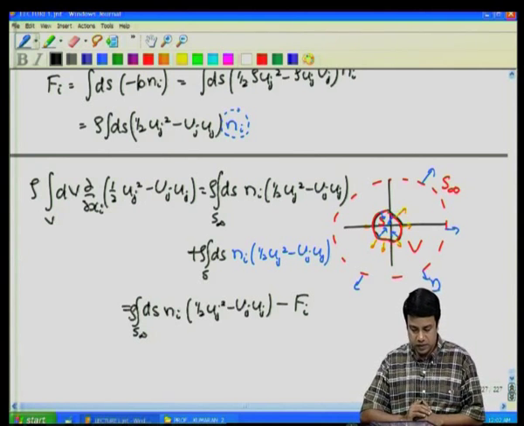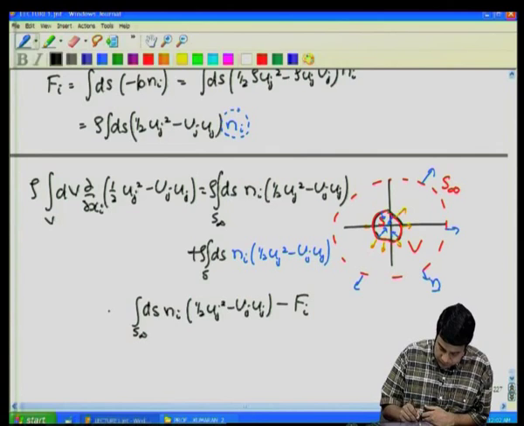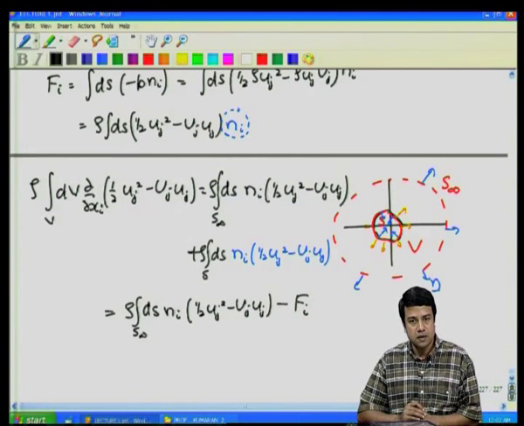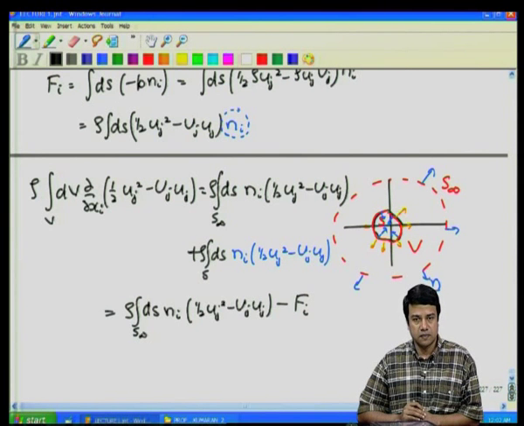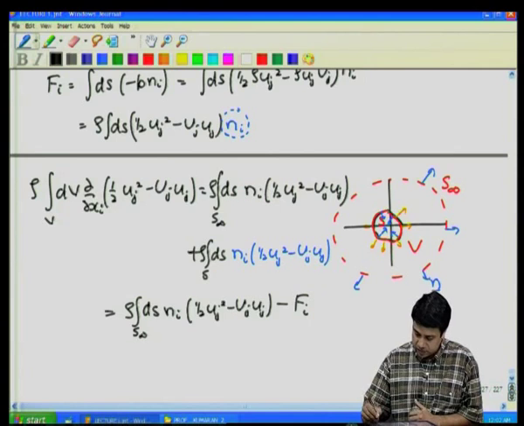There is a density factor everywhere. So, this is just an expression for the divergence theorem for the force. Of course, I have two unknowns here: one is the volume integral, the other is the integral over the surface at infinity.